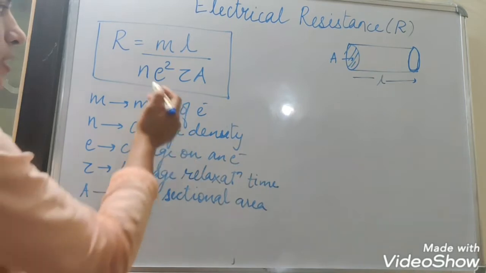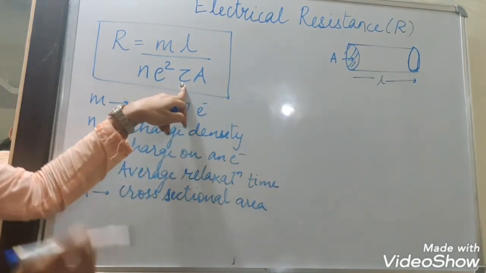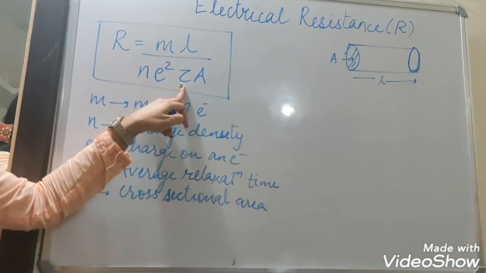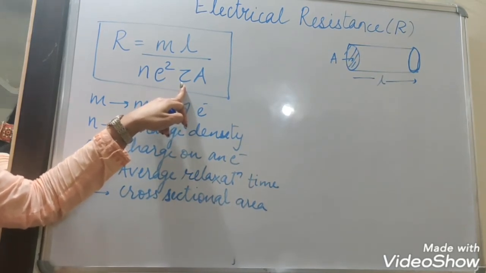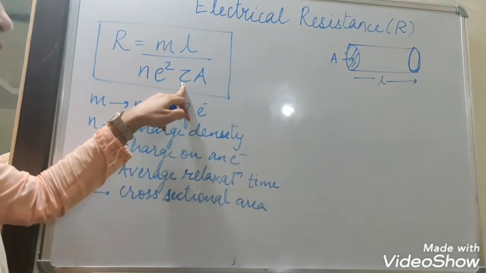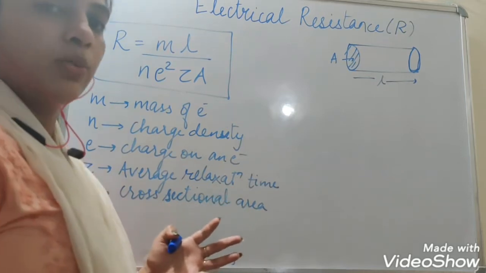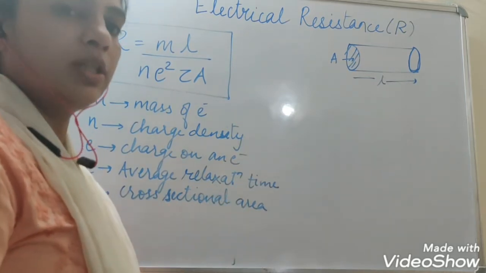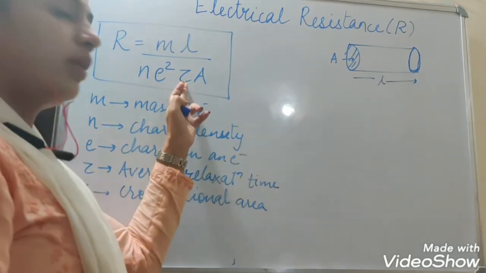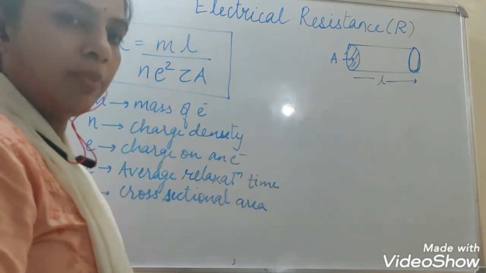Mass is constant, charge on an electron is constant, tau will remain constant because only when temperature changes will the relaxation time between the collisions of electrons change. Otherwise, tau will remain constant and n, the charge density, will also remain constant.